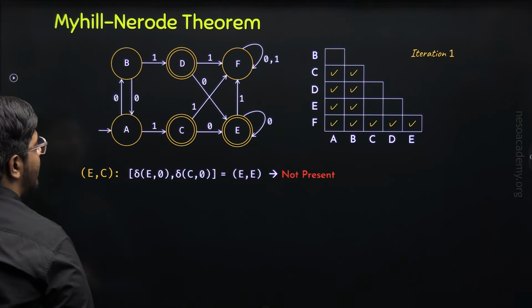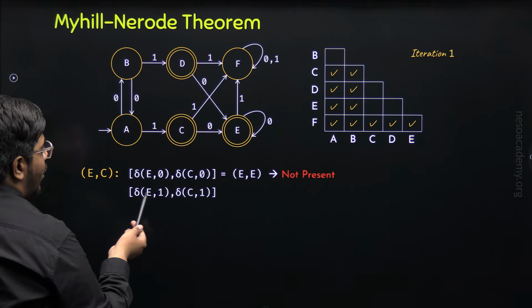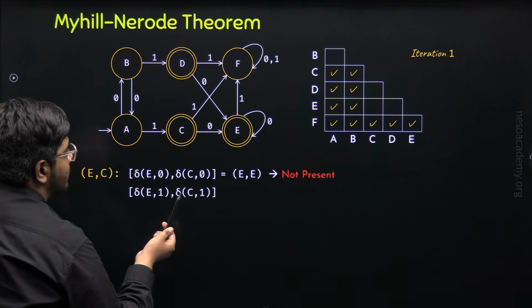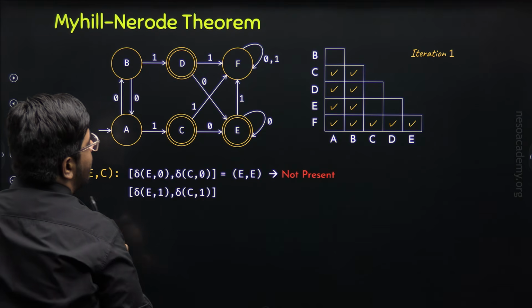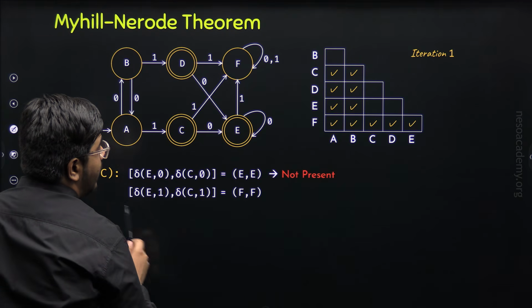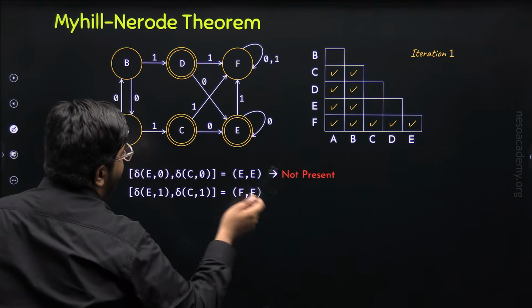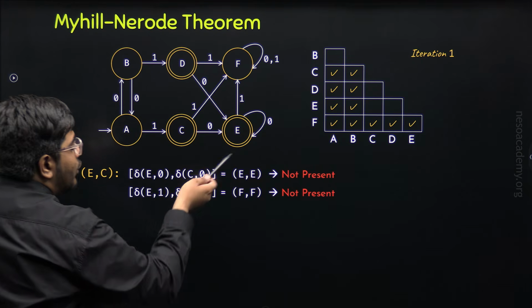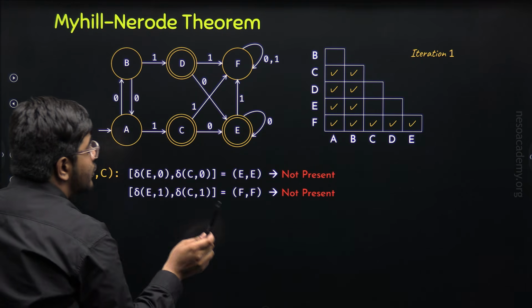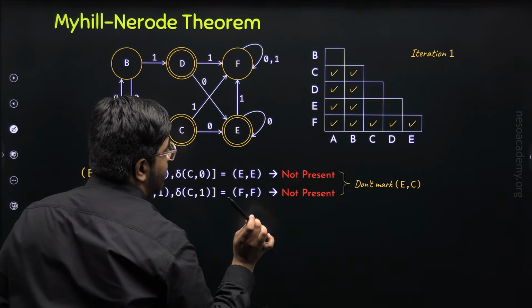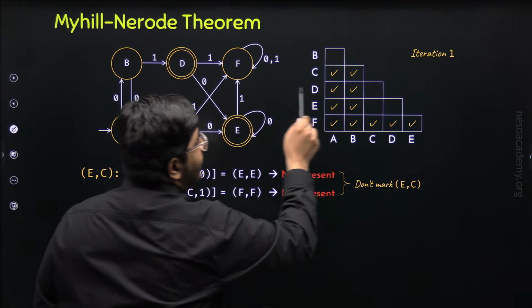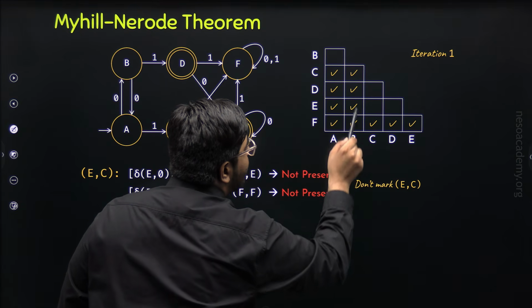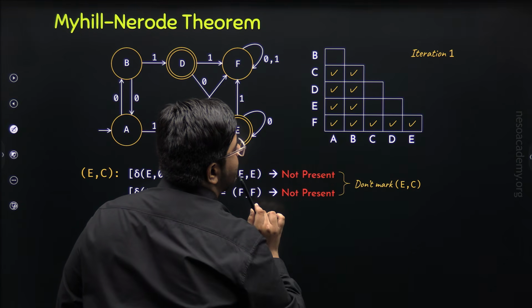Let's check for the input symbol 1, delta E comma 1, delta C comma 1. E comma 1 is F and C comma 1 is also F. So we are getting F comma F. Now F comma F is also not present in our table. Since both of the pairs are not present, they will never be marked in our table. So we will not mark E comma C. Like D comma C, E comma C will always be unmarked in this table.